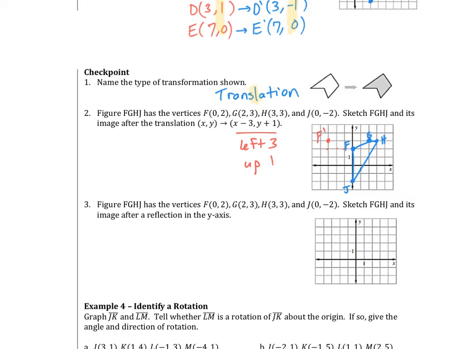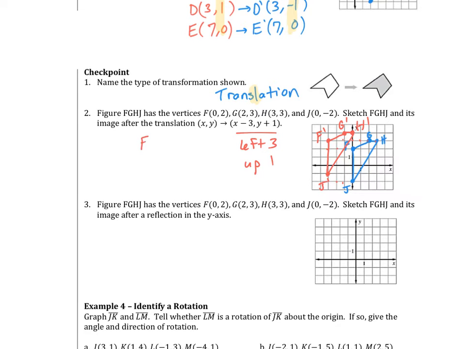This is F prime. G is 1, 2, 3 to the left and up 1. G prime. H is 1, 2, 3 left and up 1. H prime. And then J is 1, 2, 3 to the left and up 1. So if I connect these dots, the red one is the same shape, slid to the left 3 and up 1.